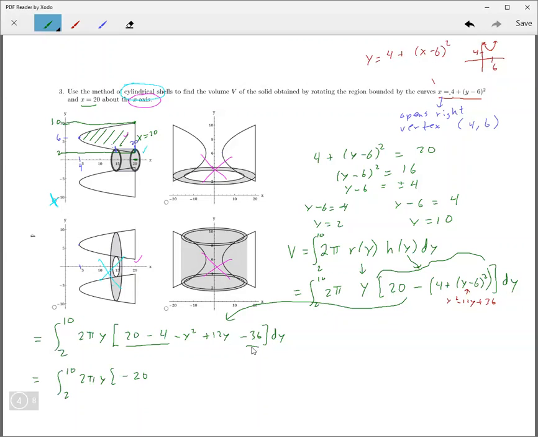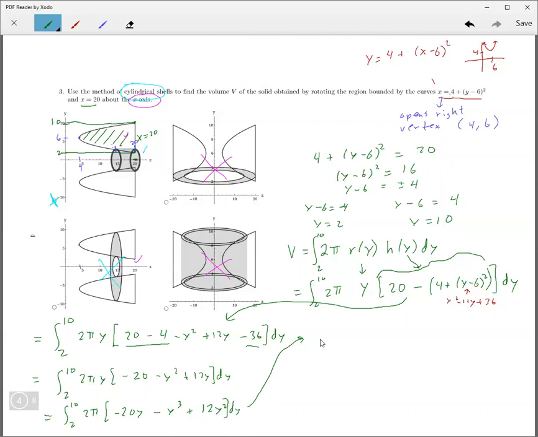Okay, that accounts for all that. Then we have minus y squared plus 12y. Okay, I'm going to distribute this y in before we can integrate. So you got negative 20y minus y cubed plus 12y squared.